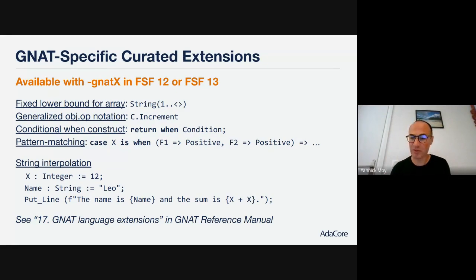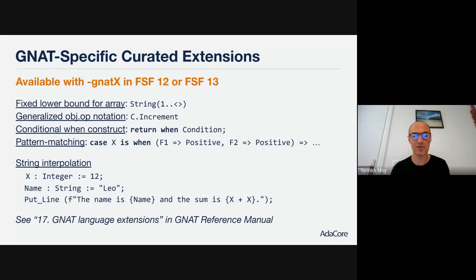A final one, which is quite nice, taken from languages like Python and Rust and many others who implement this nice extension, is string interpolation. So instead of concatenating yourself strings that you get from printing values, you can simply use the expression of a certain type, provided there's a corresponding Put_String function.